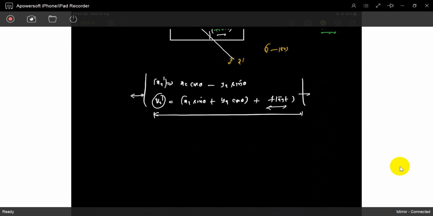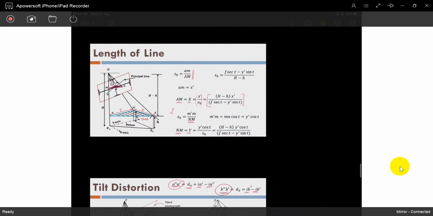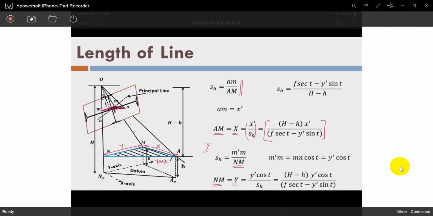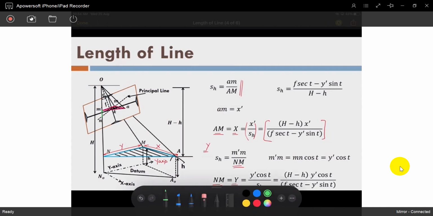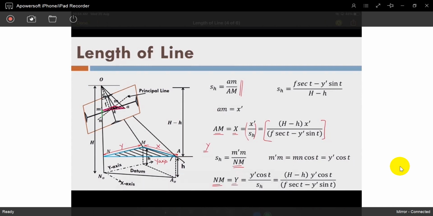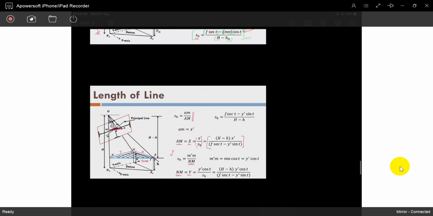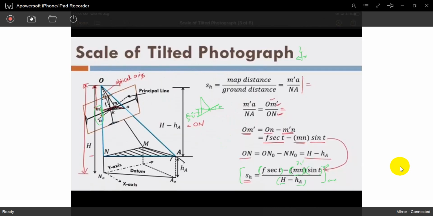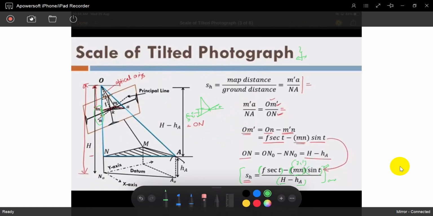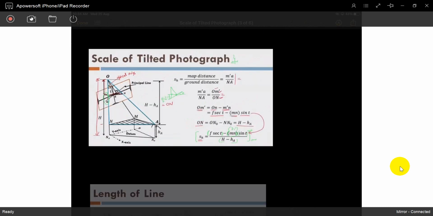This total y dash will come into this mn. So that is how much the image y coordinate is deflected. Okay, we'll look into one problem later. So that is the scale.